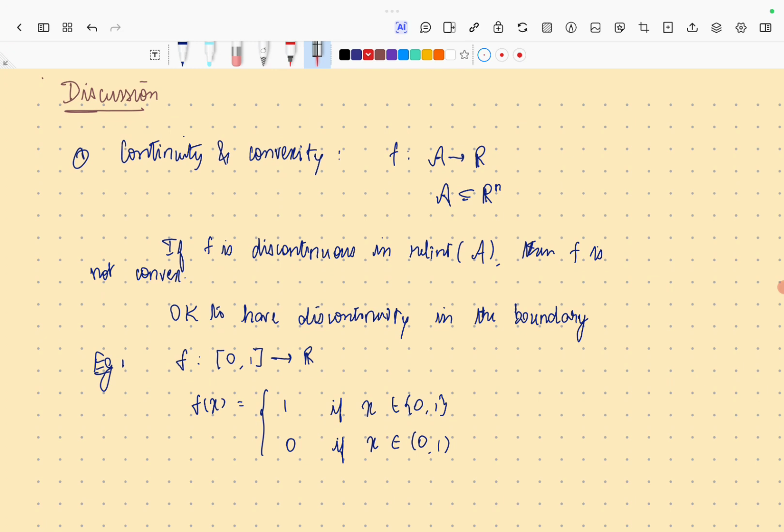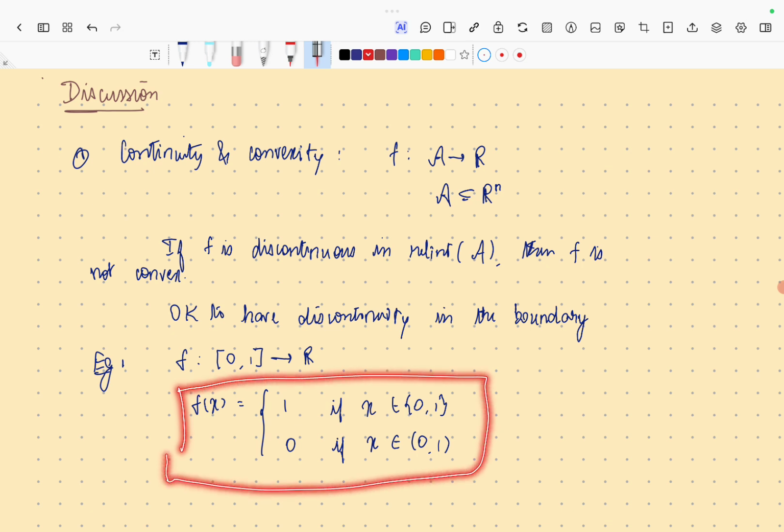So for example, you can take the following function f of x, which is defined only on the interval from 0 to 1. I can have f of x equal to 1 for x at the boundary points, and 0 at all points which are not in the boundary. All right. This is convex. It's easy to convince yourself that this is convex.